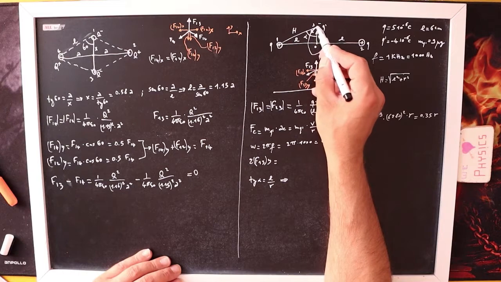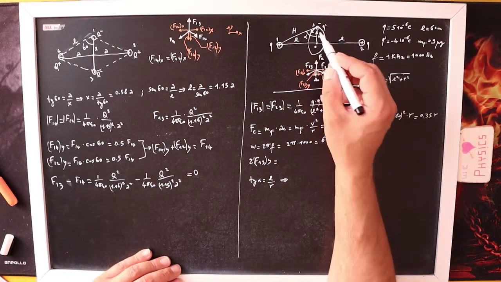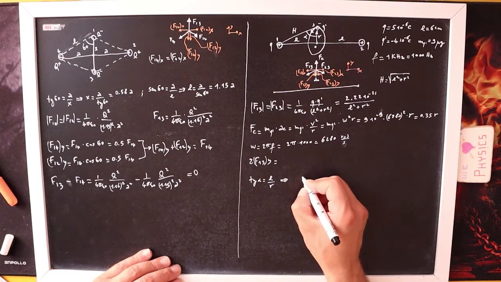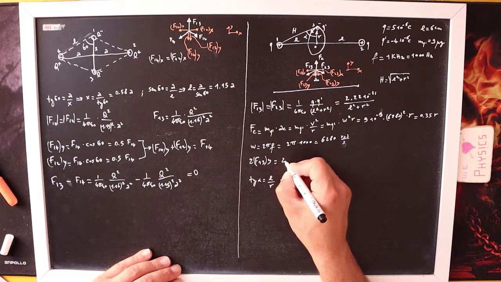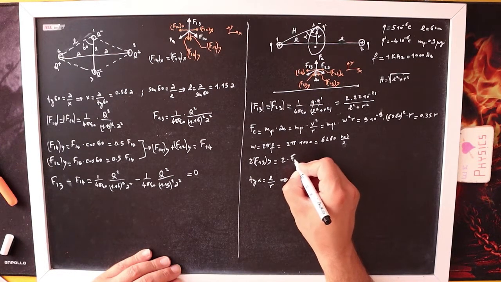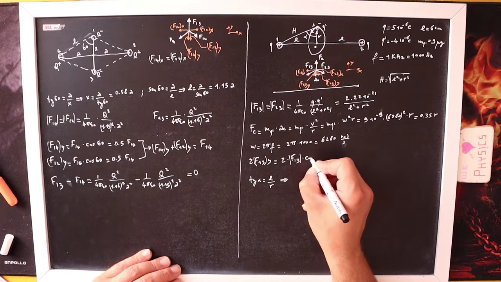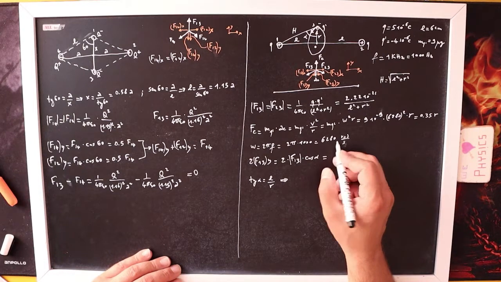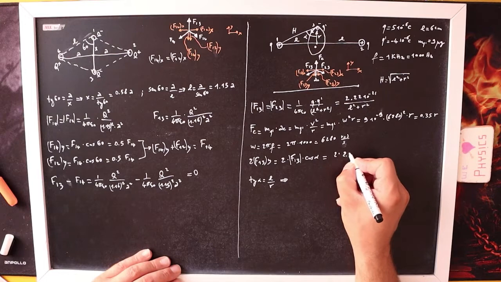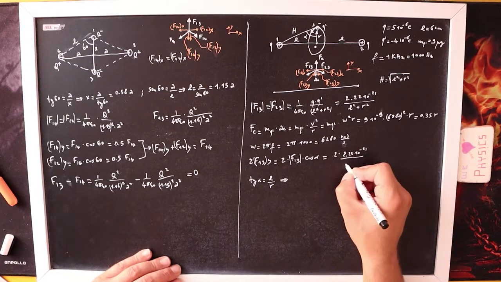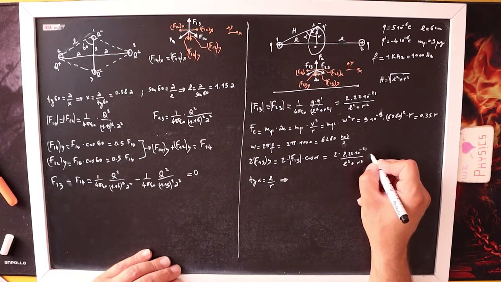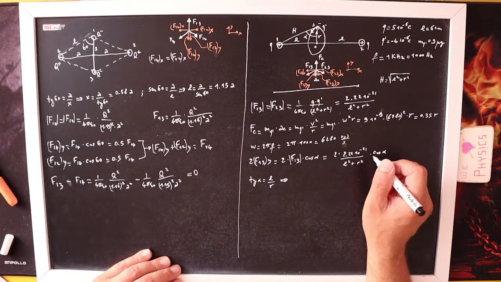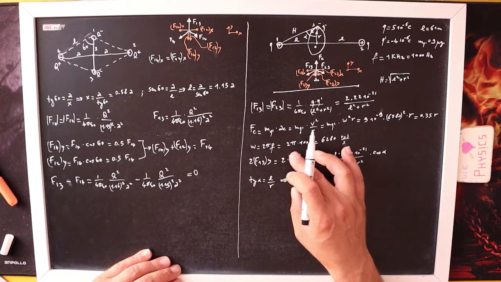F13 is directed along capital H, so we have F13 and then cosine of alpha, and we get the component along the y direction. So it's 2 times F13 cosine of alpha. F13 is this, so we have 2 multiplied by 2.22 to the power of minus 21 divided by L square plus R square, multiplied by cosine of alpha. And at this point we can say that this is equal to FC.